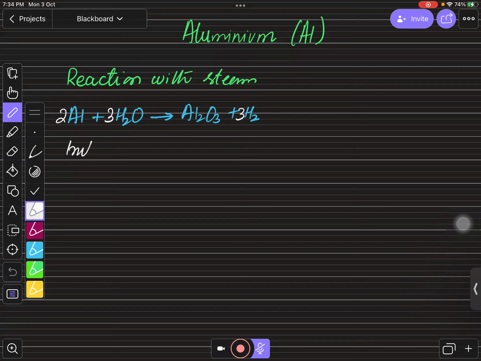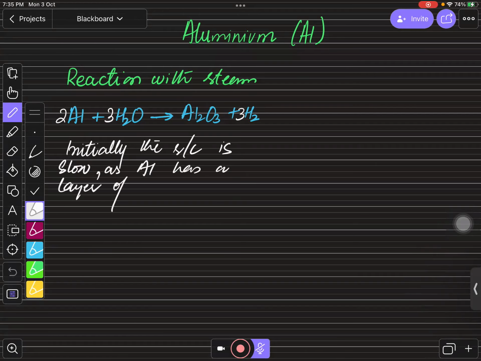So you can say that initially the reaction is slow as aluminum has a layer of its oxide on it, right?